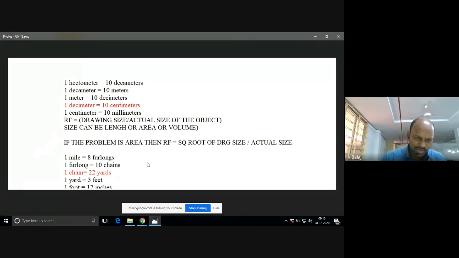Before getting into construction, we will discuss one important term, capital RF. What does RF mean? Representative fraction. Representative fraction is equal to drawing size by actual size of the object.